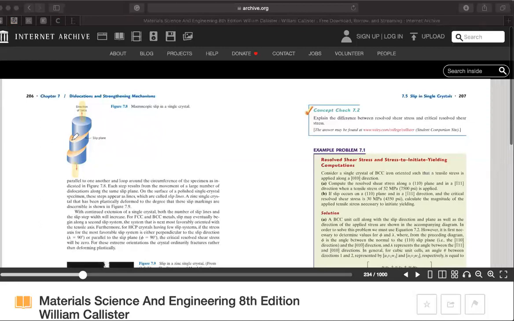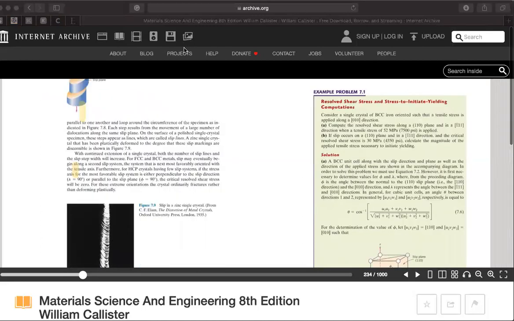Let's dig deeper. Let's take a real example and try to solve it. Let's apply whatever we learned so far to a problem. One of the typical questions related to this: consider a single crystalline material with a BCC structure.